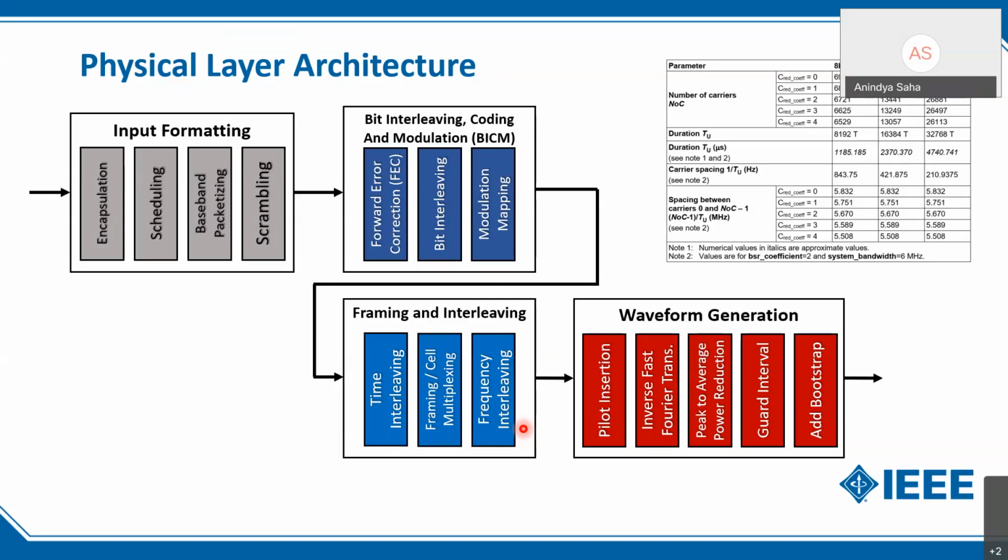If you really think about it, there is no return path, unlike a typical cellular standard where you have a downlink and an uplink. So if you lose the packet, you don't see the video. It is very important that both these aspects, time interleaving and frequency interleaving, are added so that the waveform which goes out of the transmitter is really robust.